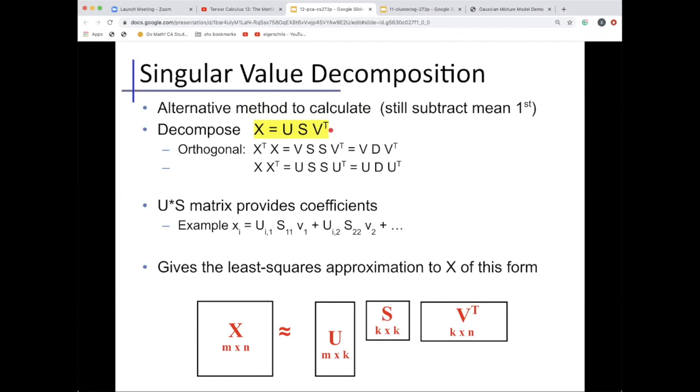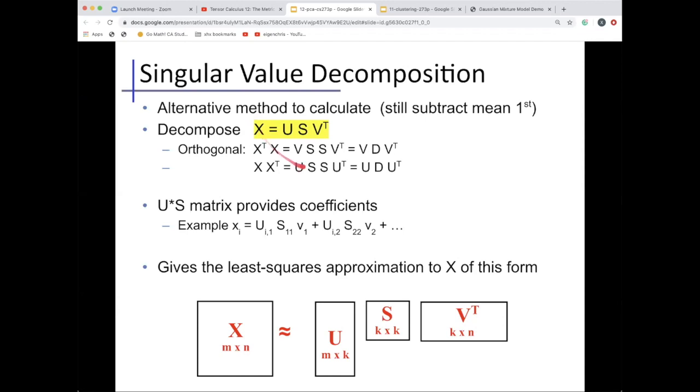That's different from eigenvalue decomposition, where U and V are inverses of each other. Here they are completely separate matrices. Also, X is not a square matrix. Unlike in principal component analysis, where the covariance matrix is square, X here is a rectangular matrix, an n by n matrix.